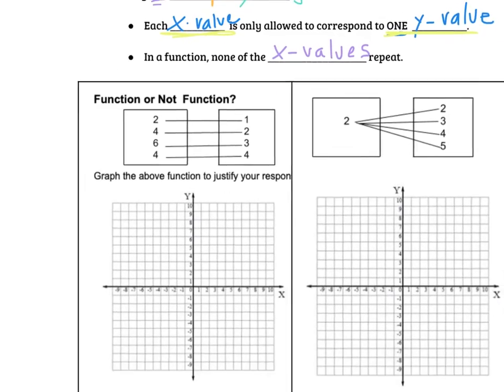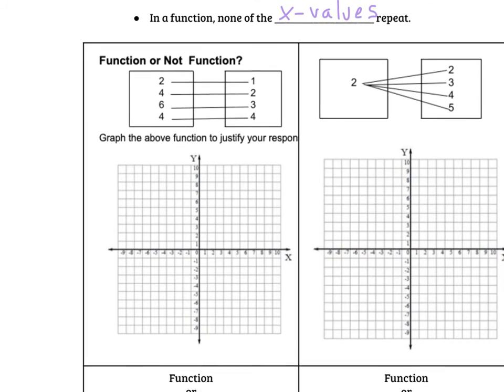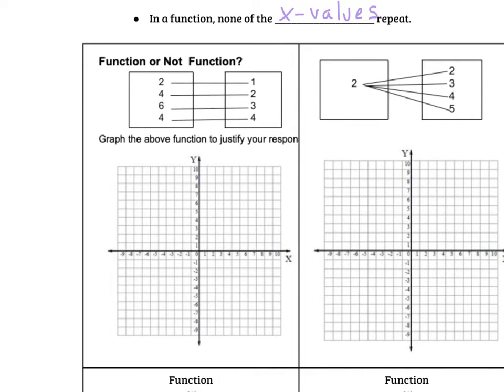So what you're seeing here is called a mapping diagram. Our first set of numbers, our first box, that's the input. Our input is also known as the domain, and it's also known as our x values.